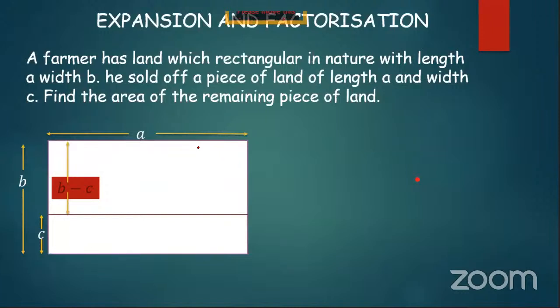The original piece of land is from here up to that. Then the farmer decides to sell off this piece of land. So we want to find what is left after he has sold off the piece of land. So who can share their answers or what they think we are going to do?